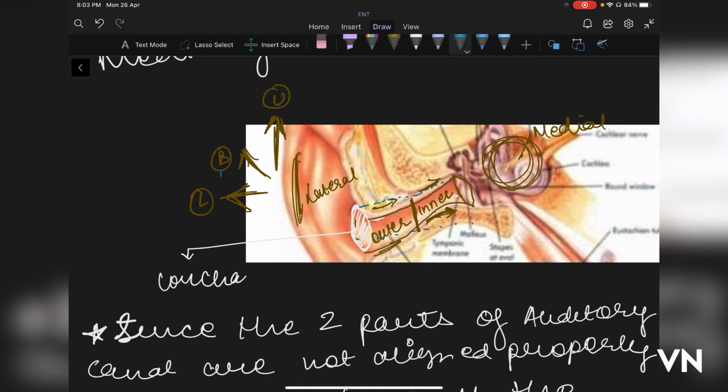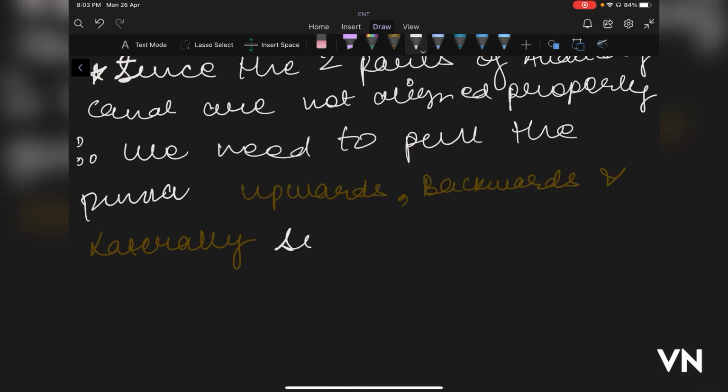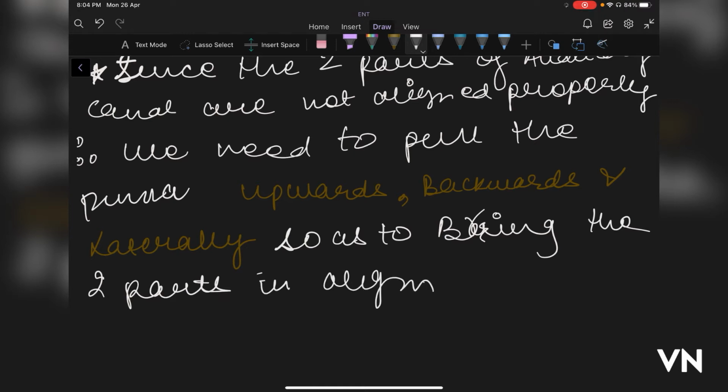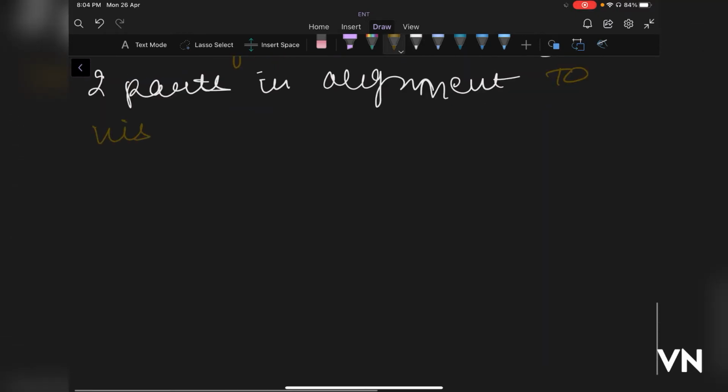It will become like this. And so as to bring the two parts in alignment. And why do we need to bring them in alignment? To visualize the tympanic membrane basically.